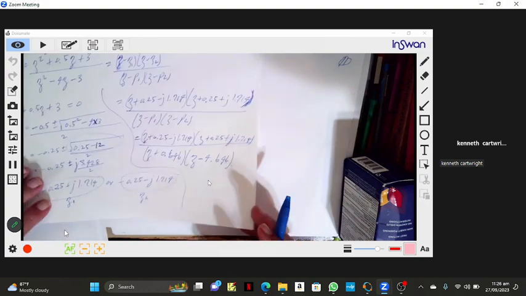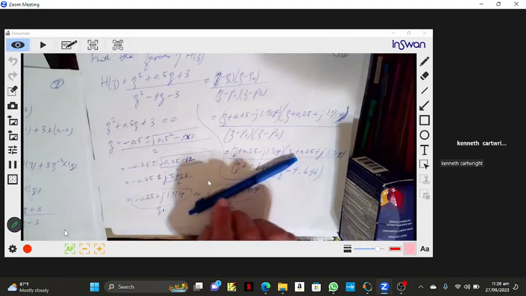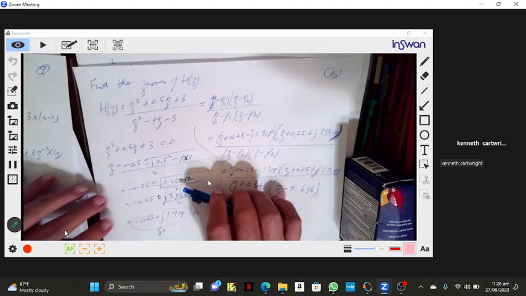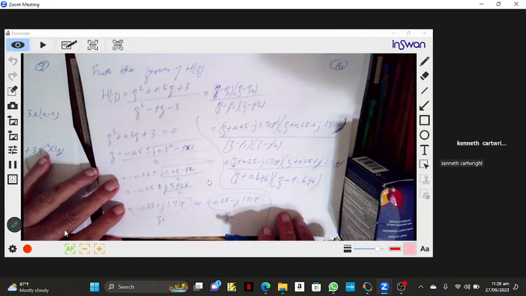Okay. So you need another snip of Page 10.